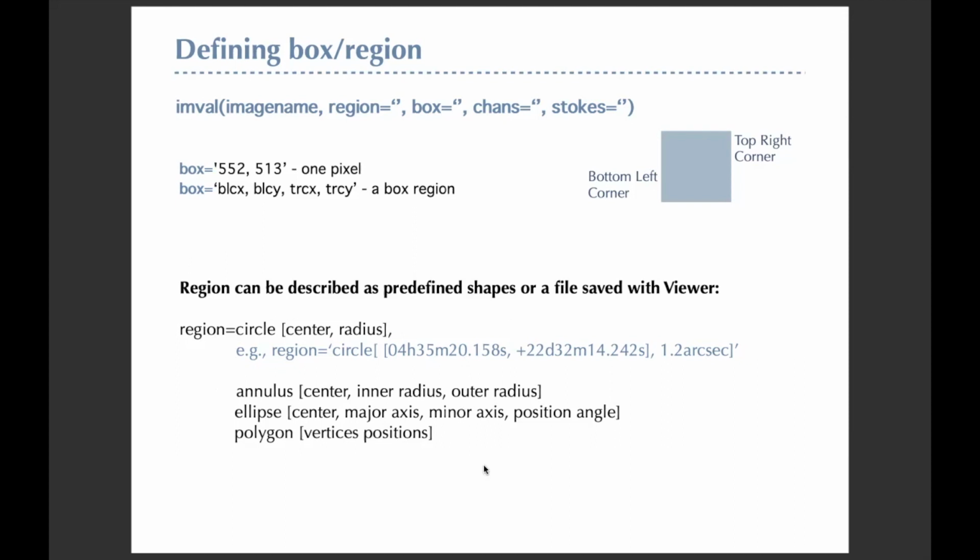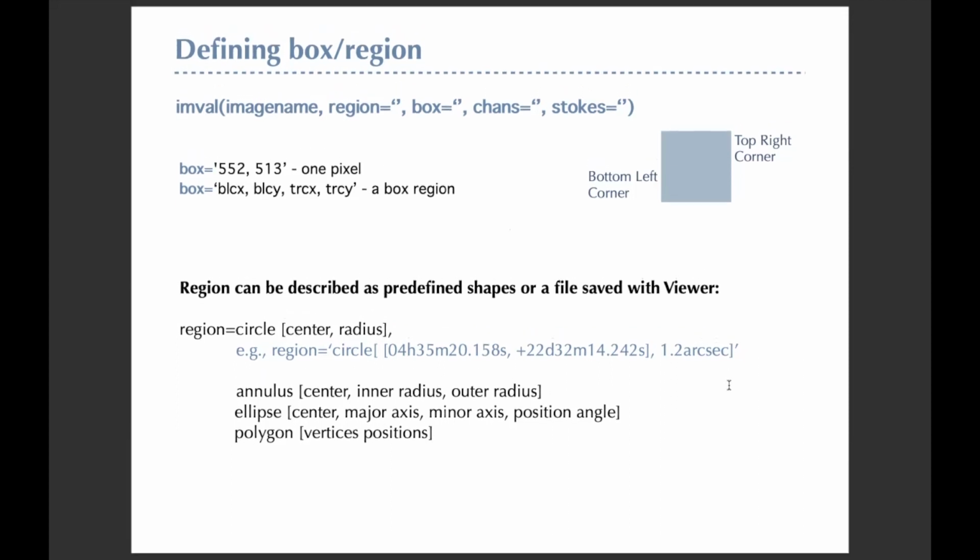Within the viewer interface, we can also draw a region with any shape and save that shape as a region file. That region file can also be called by the region parameter and used in those commands. So by specifying the region or box parameters, data values within any region you're interested in can now be extracted from the image with this imview task.